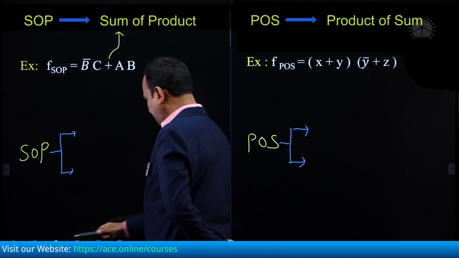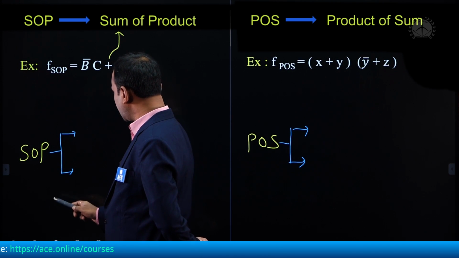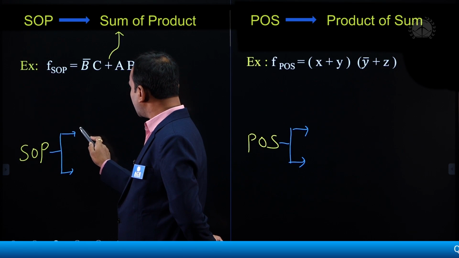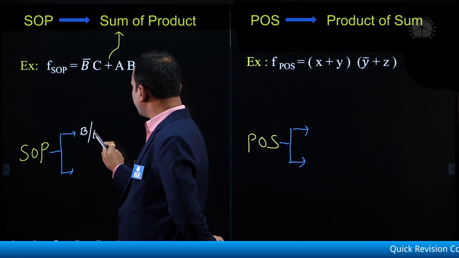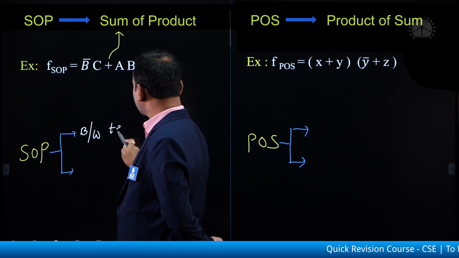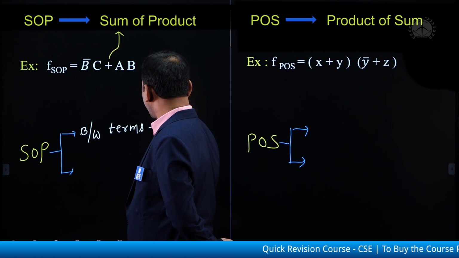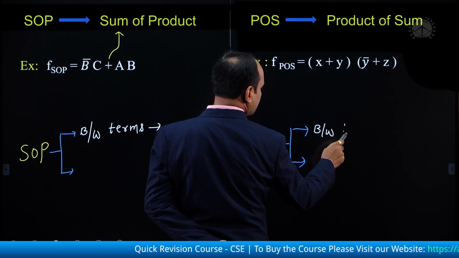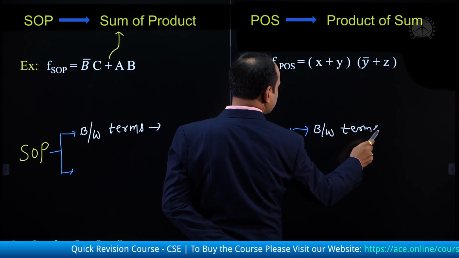First I am writing common points. Between the terms, what is the operator, we will observe. Here also, between terms, what is the operator, we will observe.